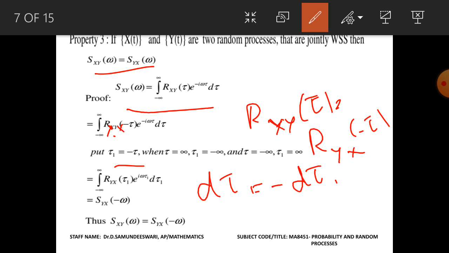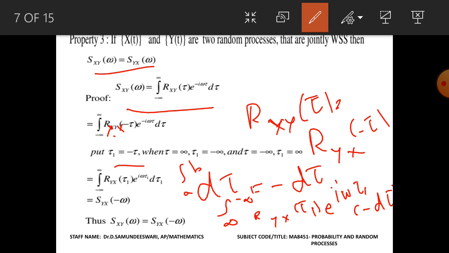Now if you replace all the values here, you will get the integral from plus infinity to minus infinity, limits automatically changed, of ryx of tau 1 e power i omega tau 1 into minus of d tau 1. Okay, so I am taking this minus outside, and also I am replacing the integral from a to b as minus the integral from b to a.